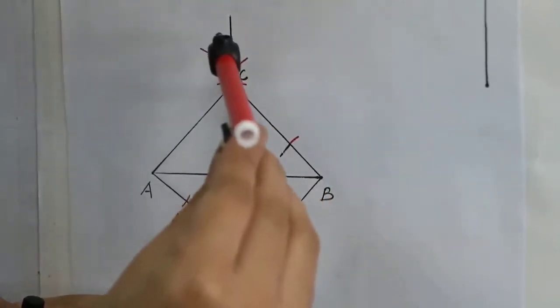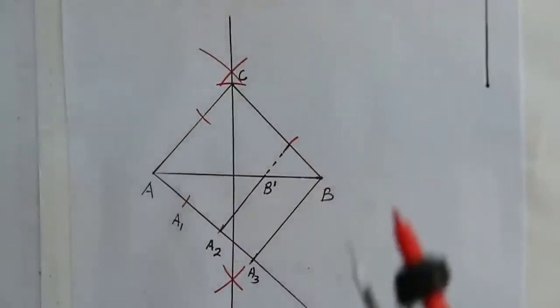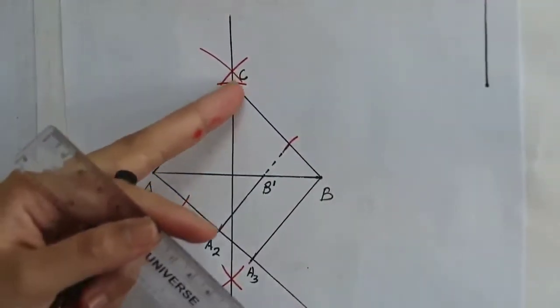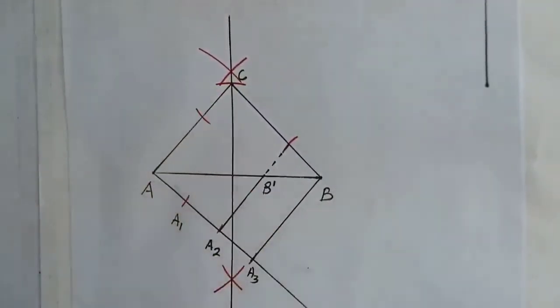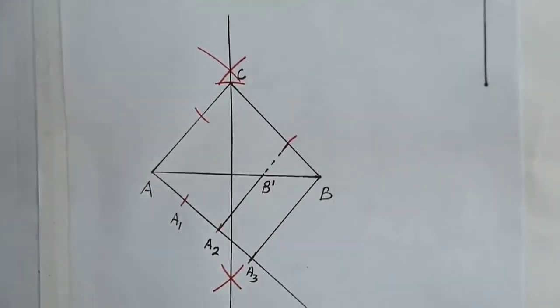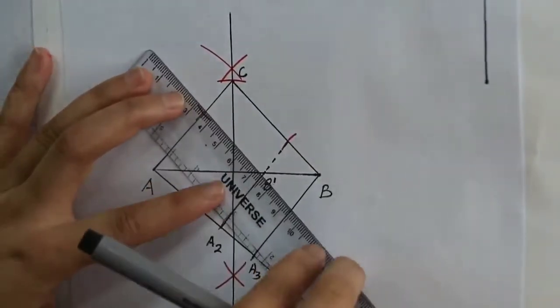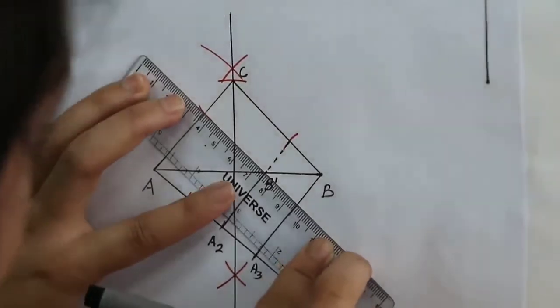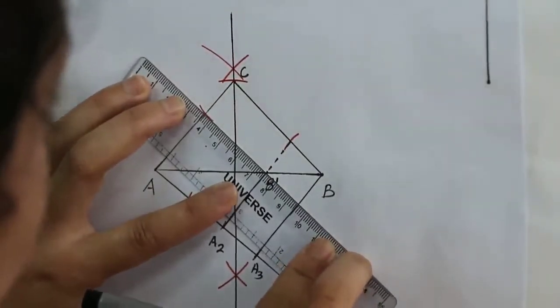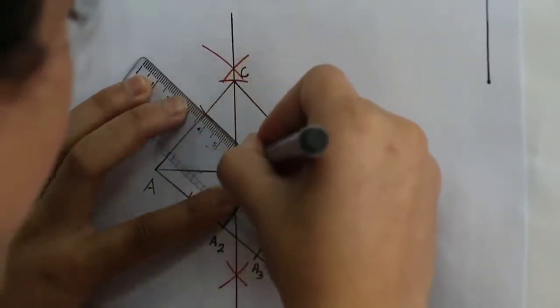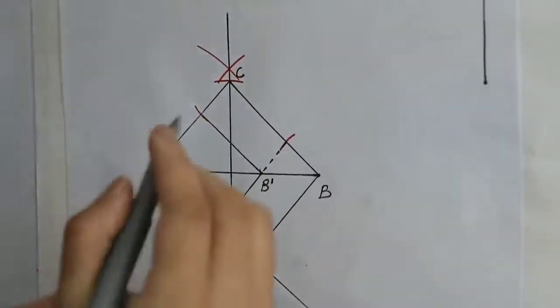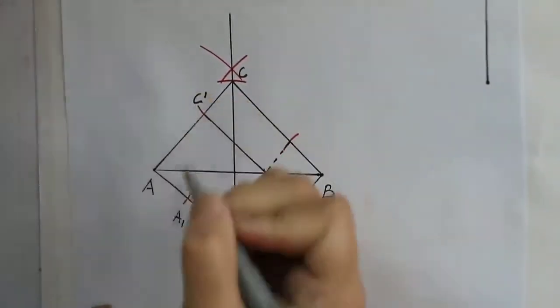From point C, you cut this. Okay, you cut at the point CA. So you join them. This will get exactly parallel. Okay, join them. Call this one C prime.